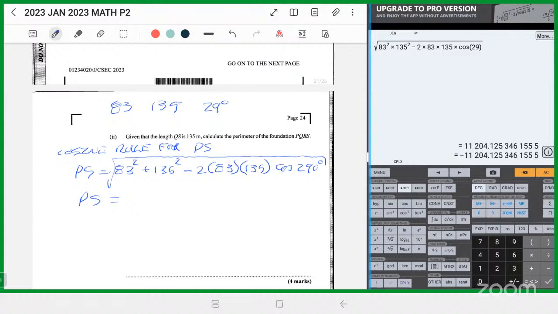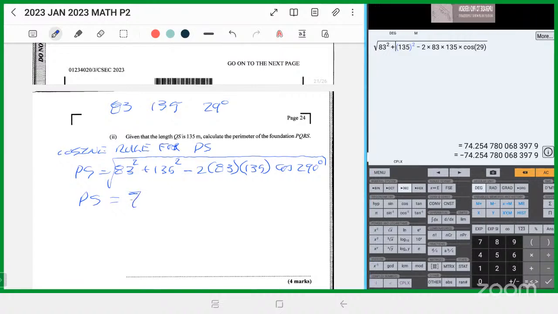No, that's wrong. Let me go again. 135 squared, 2 times 135, and so on. 104.